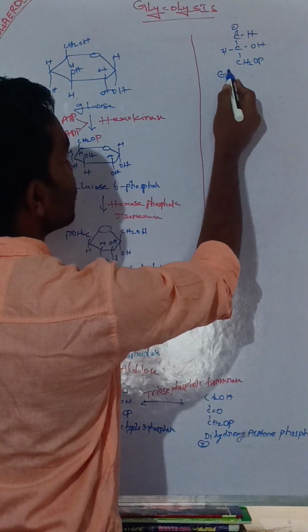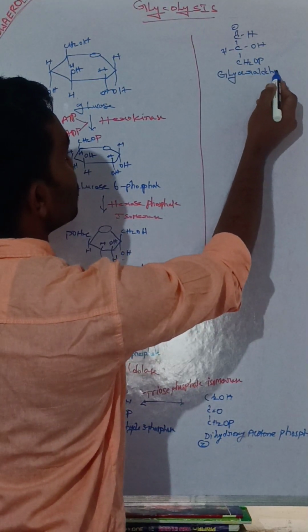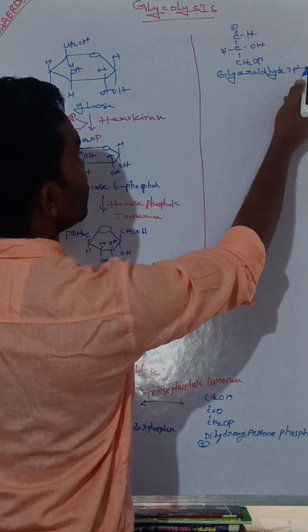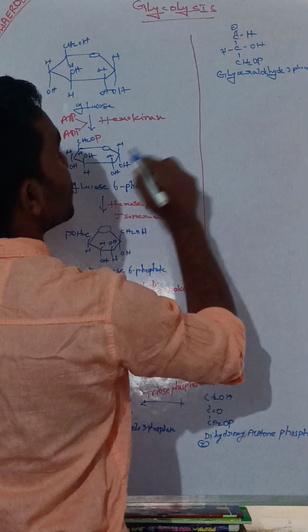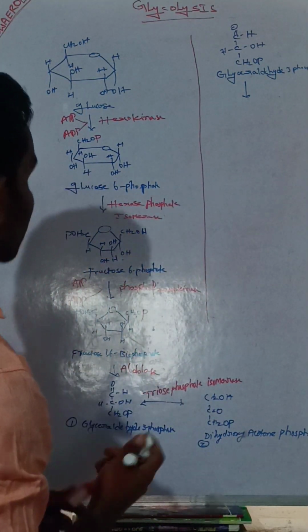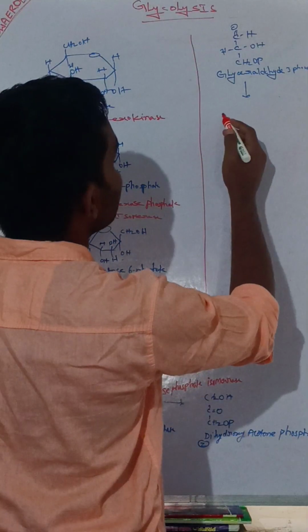This is called glyceraldehyde 3-phosphate. Okay, in the presence of glyceraldehyde 3-phosphate dehydrogenase.